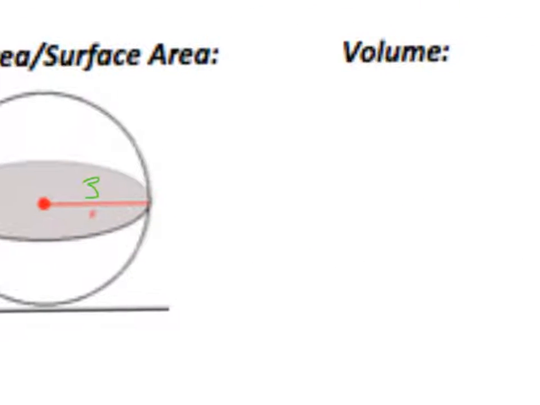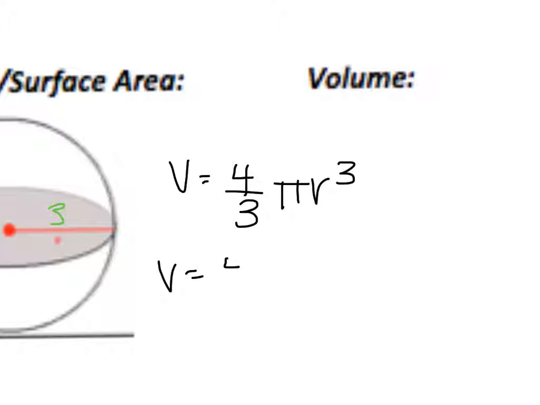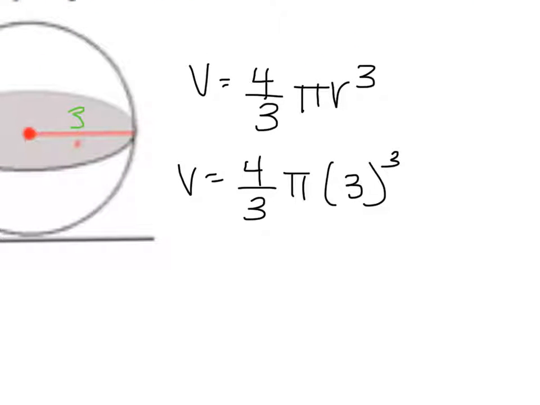Volume, a little bit trickier. Volume is 4/3 pi r cubed. And like I said, I will always give this to you. So let's see, I'm going to substitute the 3 in. If I take my calculator, I can put in 4 divided by 3 times 3 cubed.